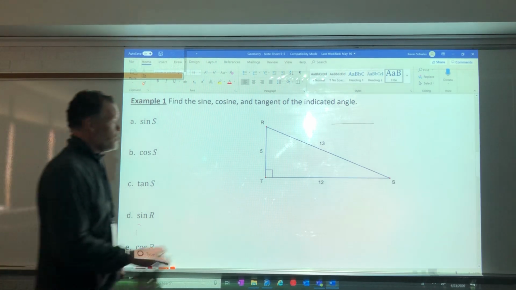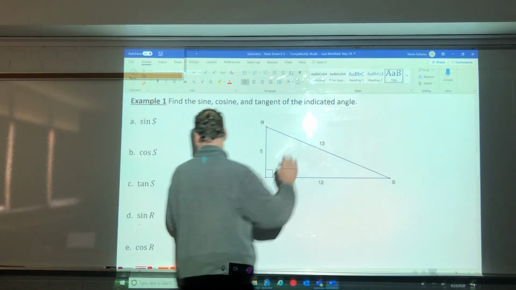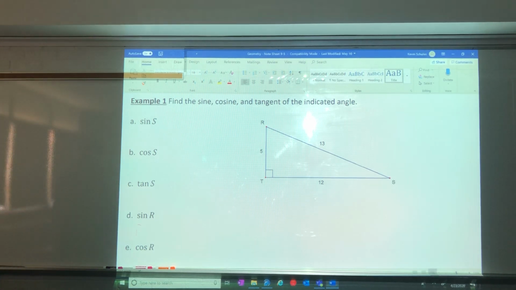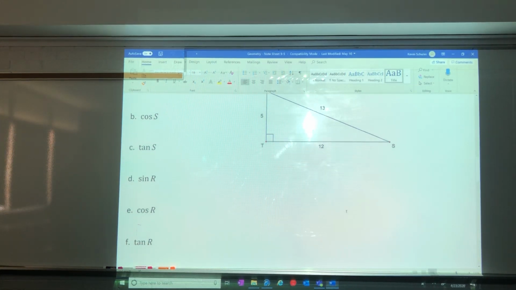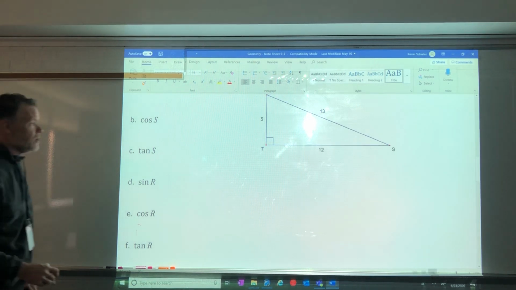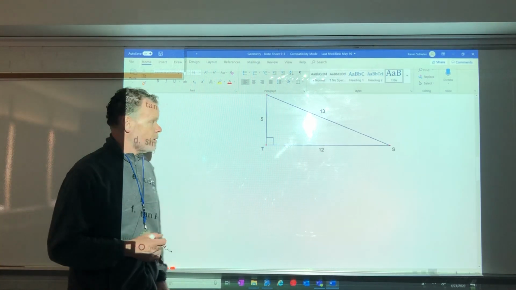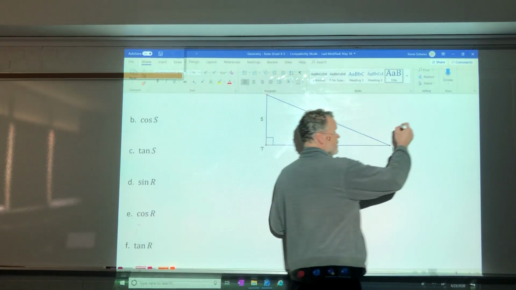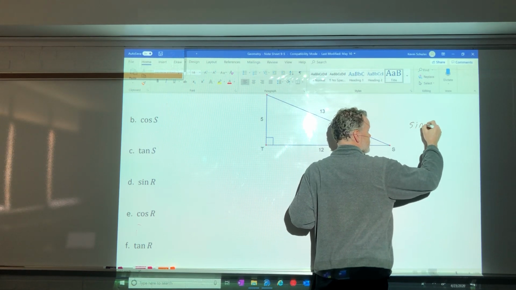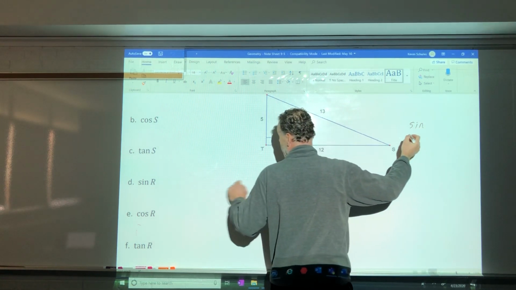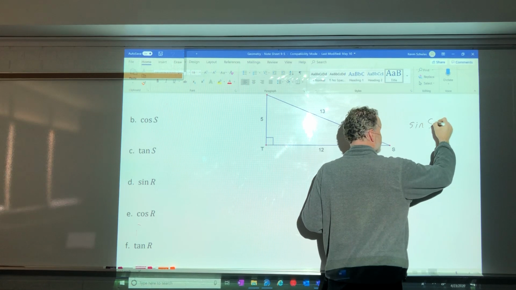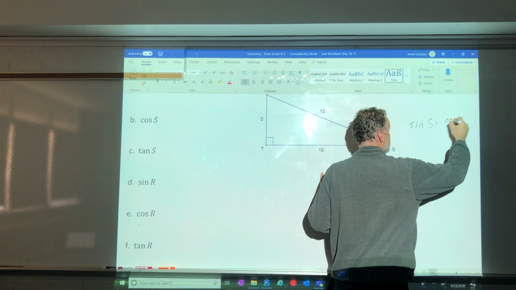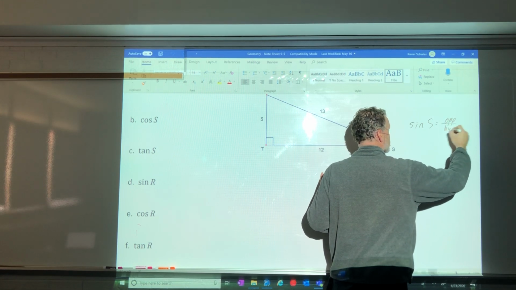Okay, they want you to find the sine, cosine, and tangent of S. Then you're going to find the sine, cosine, and tangent of R. Okay? Let's look. Again, our ratios: sine of S equals your opposite over your hypotenuse.